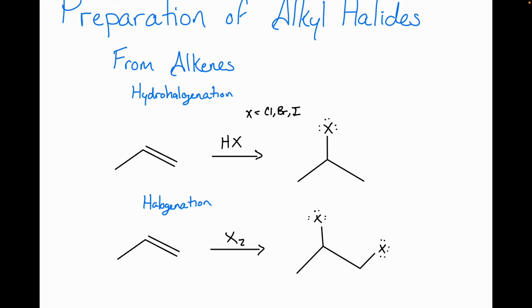All right, and in both of these reactions, you are breaking that double bond. You're breaking that pi bond, and you're creating two new single bonds on either side. We called these addition reactions. All right, so we know two addition reactions of alkenes to prepare alkyl halides.